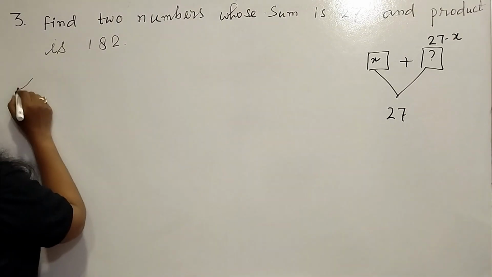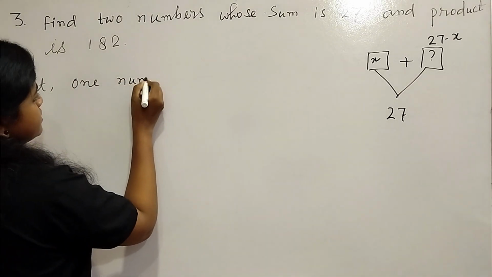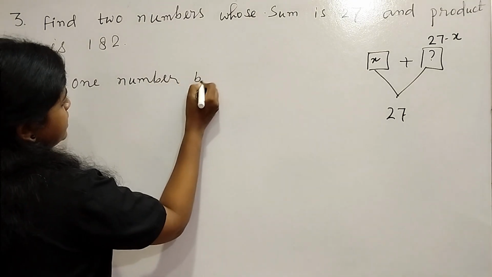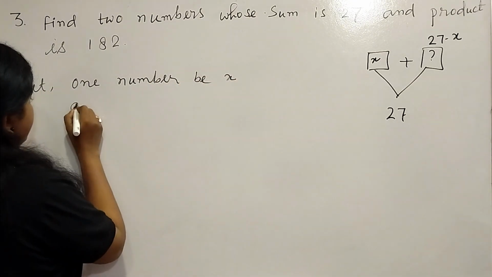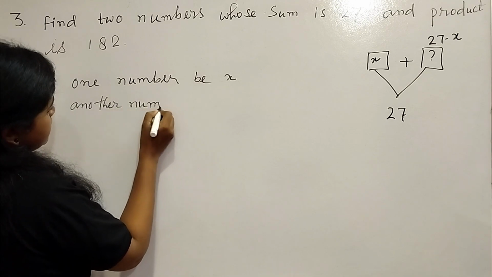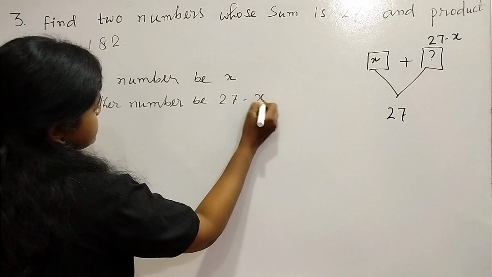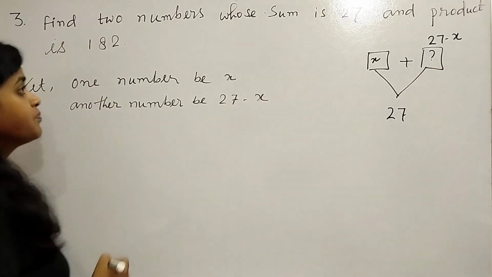So let one number be x and another number be 27 minus x. Clear?